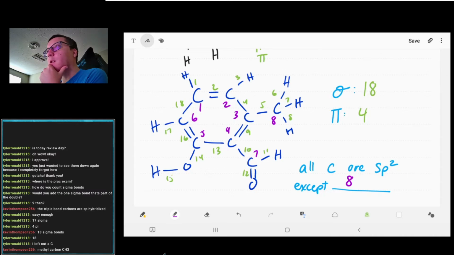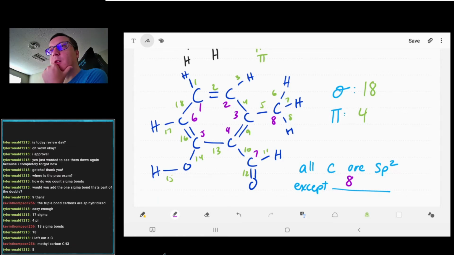So exactly. So carbon 8 is sp3. All the others are going to be sp2. So lucky for us, double bonded carbon or double bond anything will be sp2. If it's got a triple bond or 2 double bonds, then it's going to be sp. Other than that, sp3. Awesome.